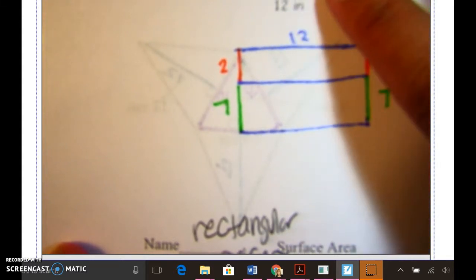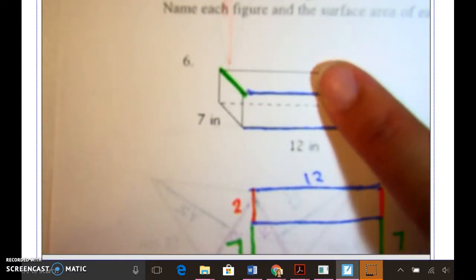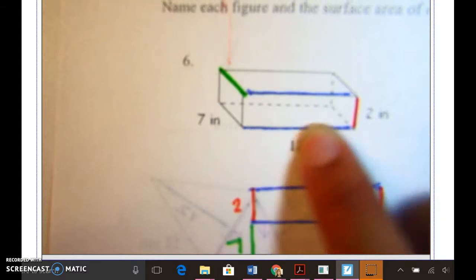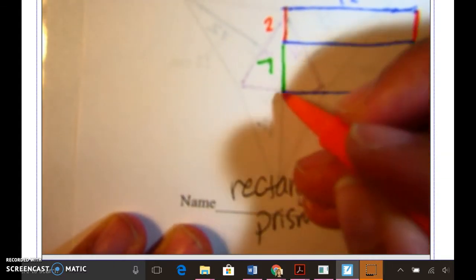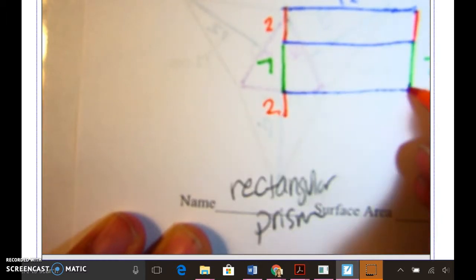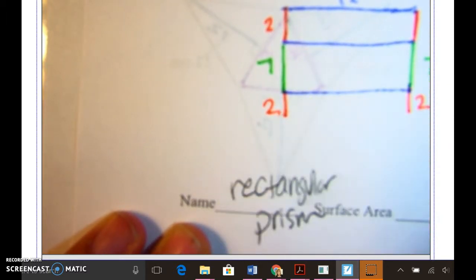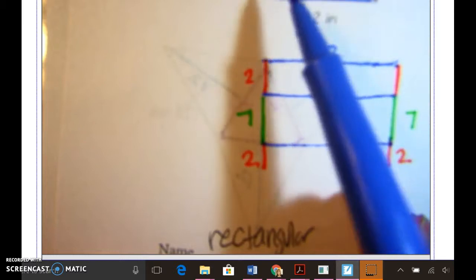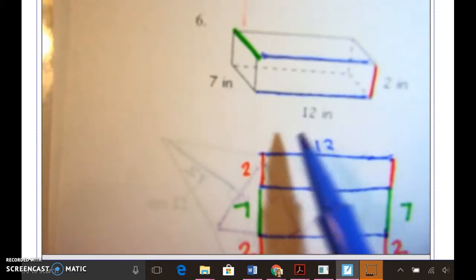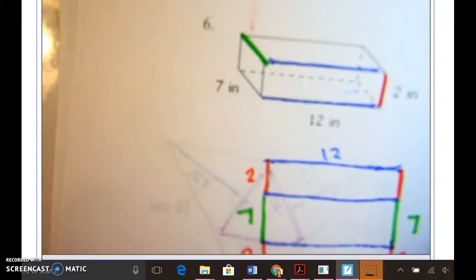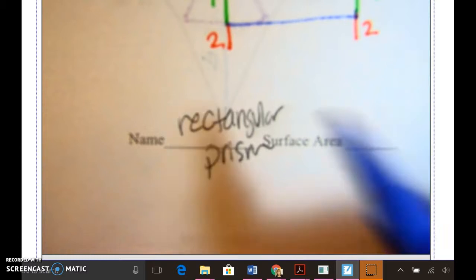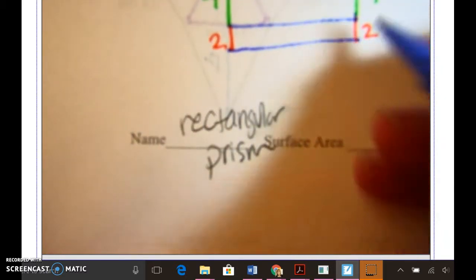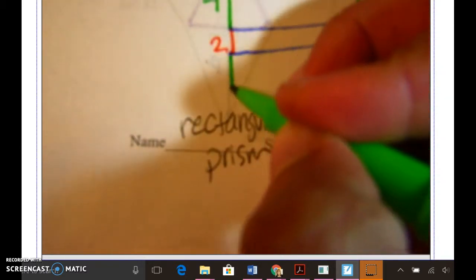So that could be the front and the top, and then the back's going to be like the front, so the back is going to be 12 by 2. So I already have 12, and I could just draw 2, a short little 2. And then the bottom is going to be 12 by 7. That's the bottom rectangle. So I'm just going to do my 12 by 7.